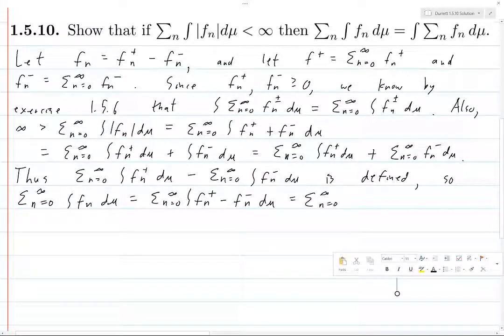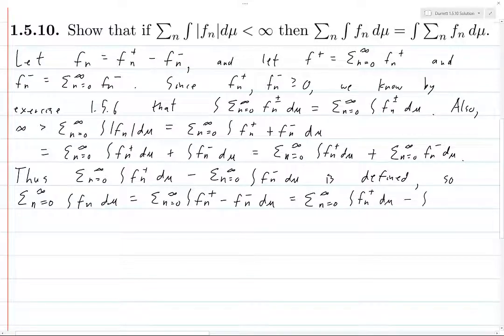Okay, so the integral of f_n plus d mu minus the integral of f_n minus d mu. Now we can break this up: the sum n equals 0 to infinity of the integral of f_n plus d mu minus the sum n equals 0 to infinity of the integral of f_n minus d mu.